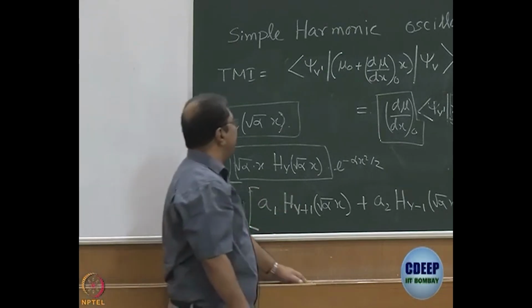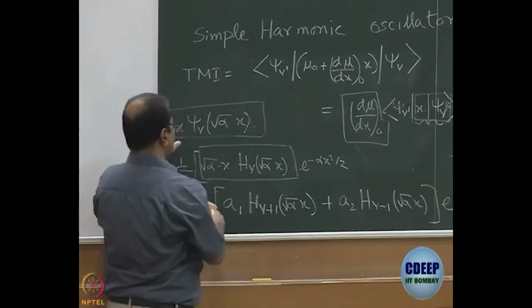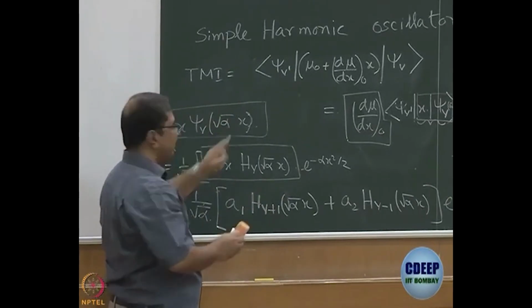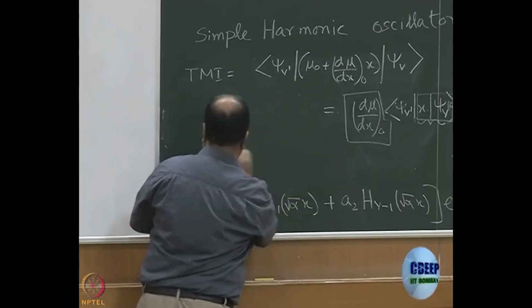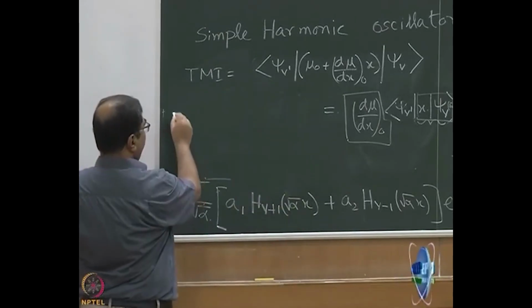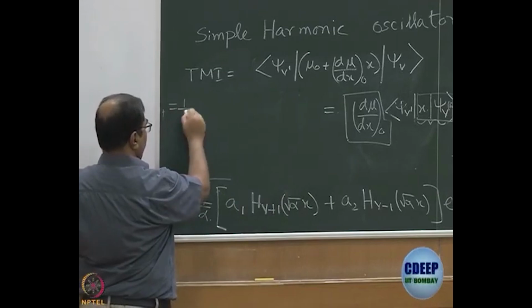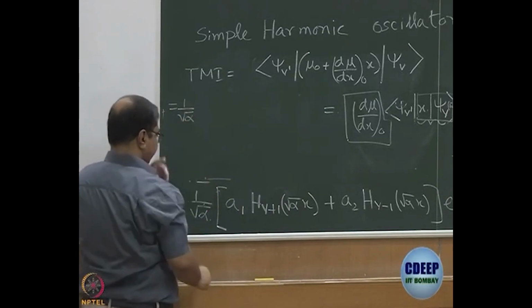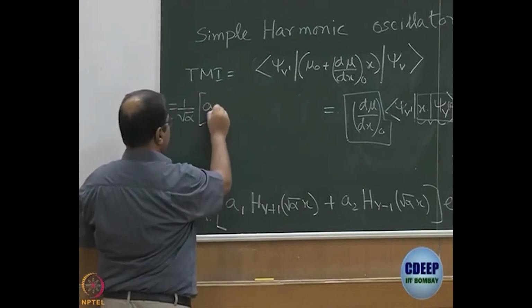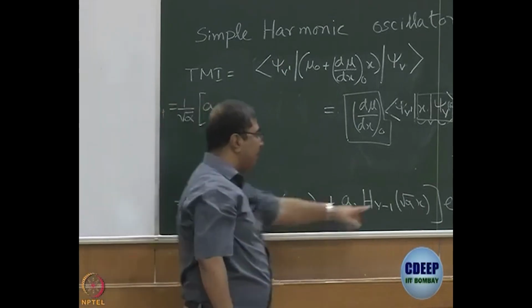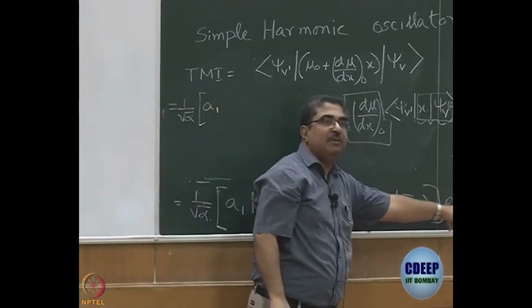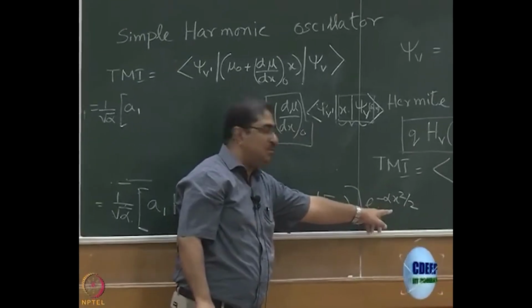So can I now write something like this? Can I erase this part? So that would be equal to 1 by root alpha A1 H v plus 1 in root alpha x multiplied by e to the power minus alpha x square by 2.